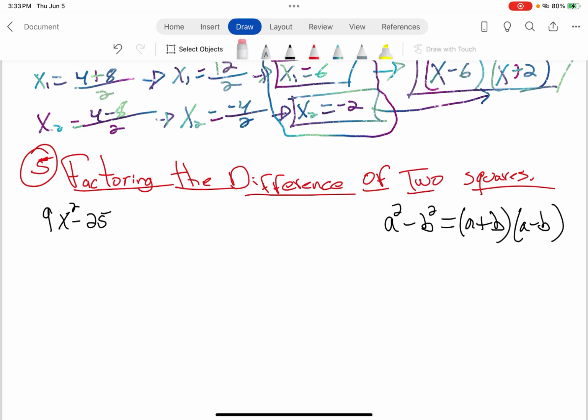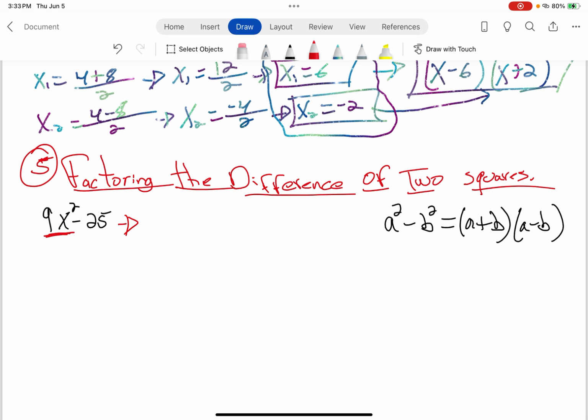To be able to do that, in the first term I see that I have something squared, but the square is not applying to the 9. To convert the equation to something where the square applies to the 9, we need to take the square root of 9, and then we can put it under the square.